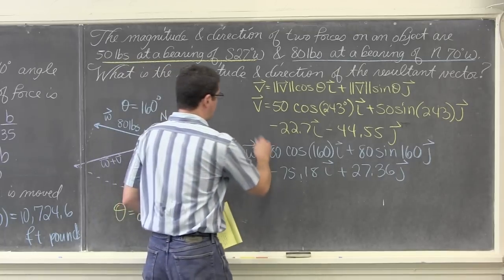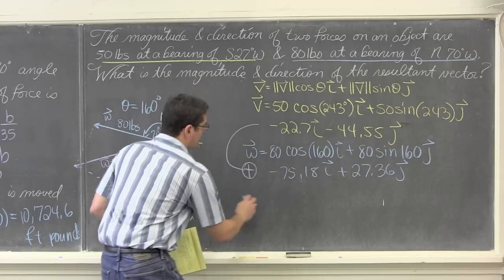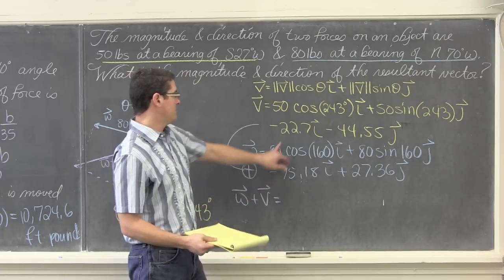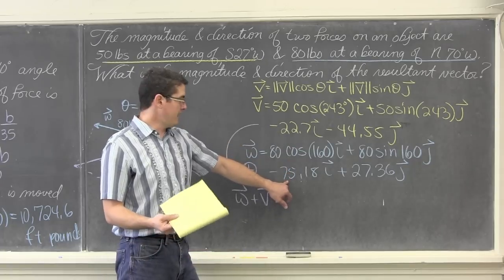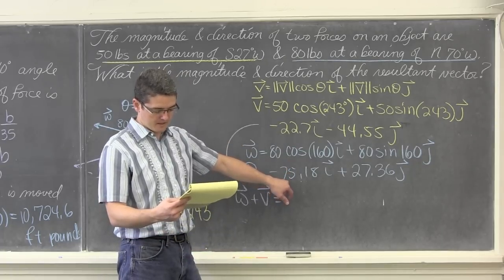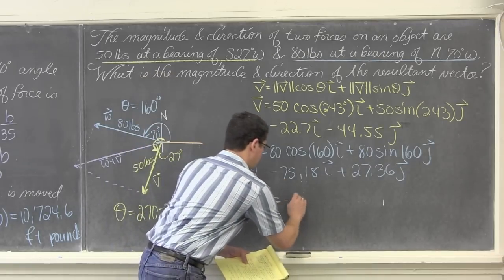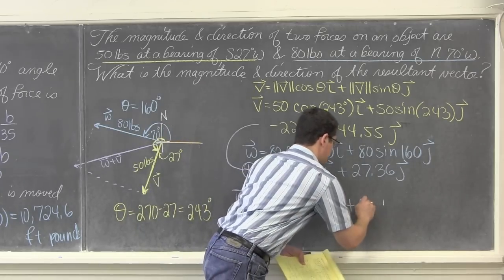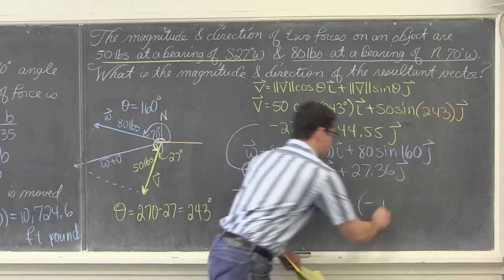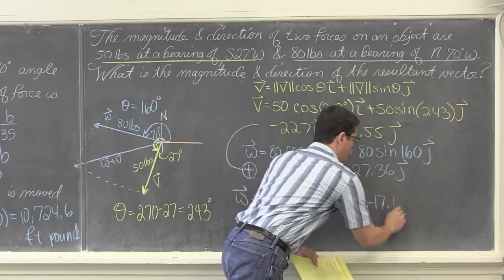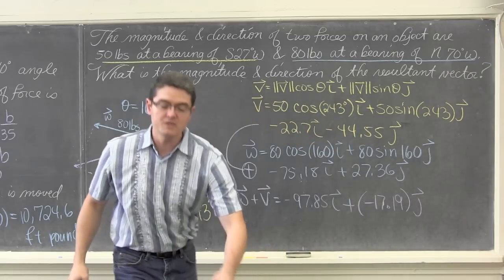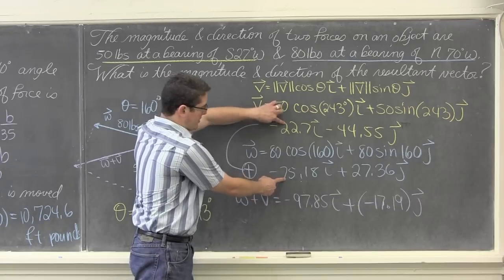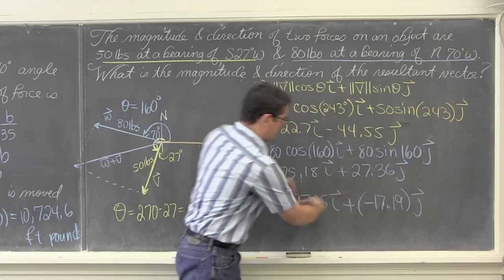So the resultant vector is going to be taking these two, adding them together, W plus V, is going to be negative 22.7 plus negative 75.18, or just minus, of course, and that comes out to be negative 97.85 I plus a negative 17.19 J. Again, once you have your horizontal and vertical components, you can simply add the horizontal components, add the vertical components, and voila.